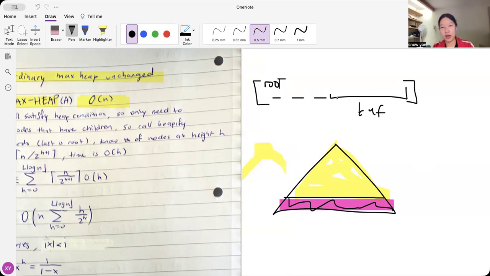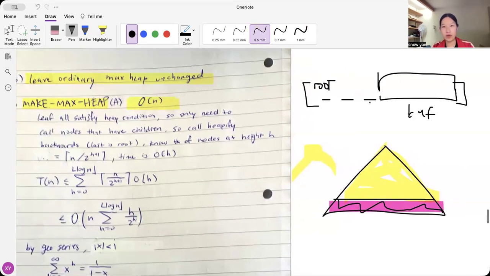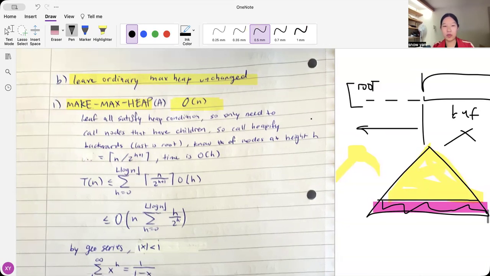Most of the elements concentrated at the end are the leaves, with no children. Anything over there does not need to be checked, so we don't need to bother with it. We just work backwards from here, checking each node, and the root is the last element we check.